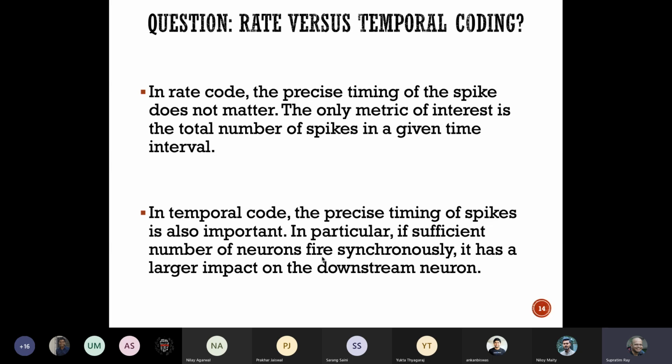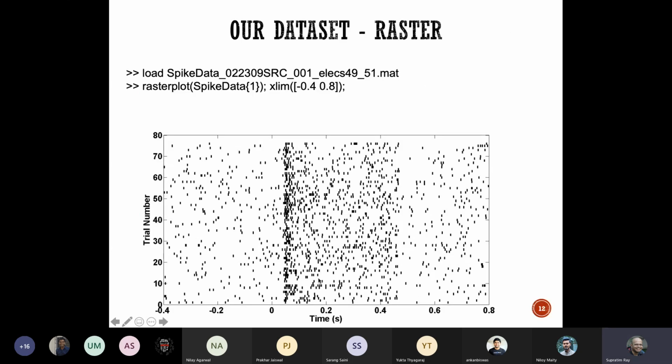And this actually is a profound question that people have been struggling with for the last 30 odd years, and still there is no answer. Here, if you look at the firing, you can see that it's not the same, right?